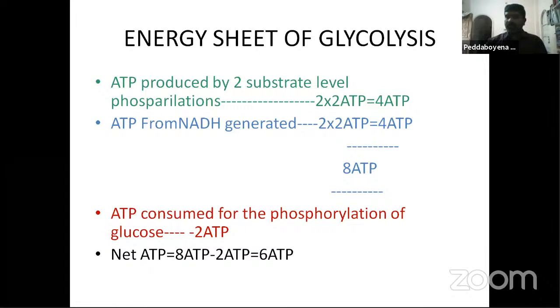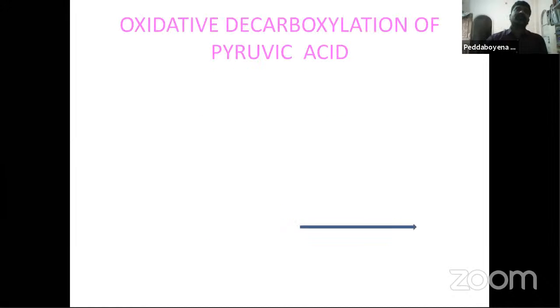So simply, we understood it completely. The 6 carbons of glucose are converted into 3 carbons of 2 molecules of pyruvic acid. This is glycolysis.